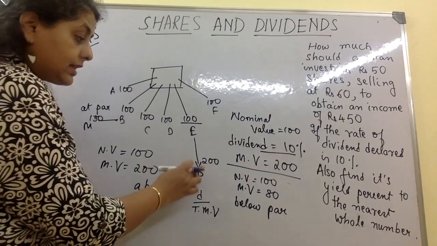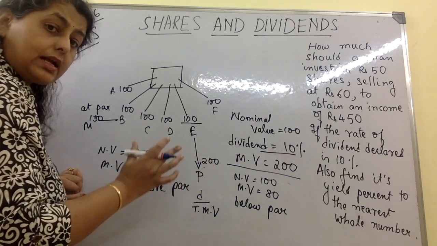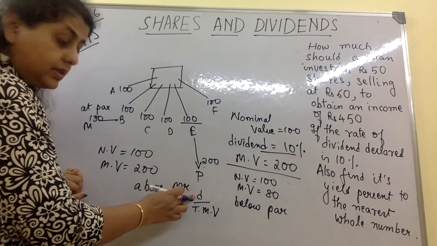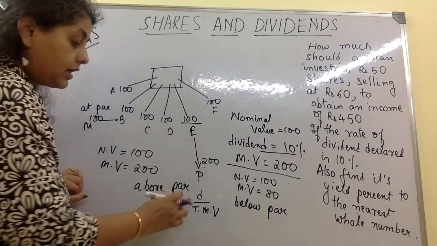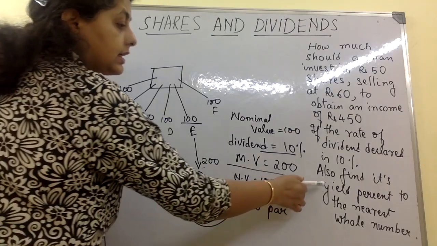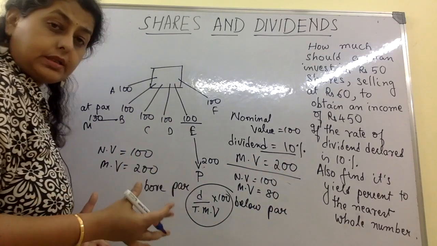So in that case it will be 2 lakhs, isn't it? 2 lakh rupees is his investment. So the dividend money, not dividend percent, that he has made on the total market value, into 100 is the yield percent, or sometimes what is called income percent.